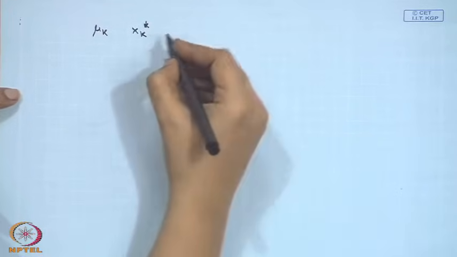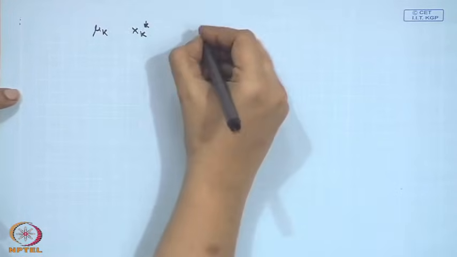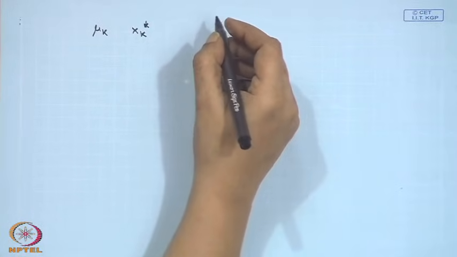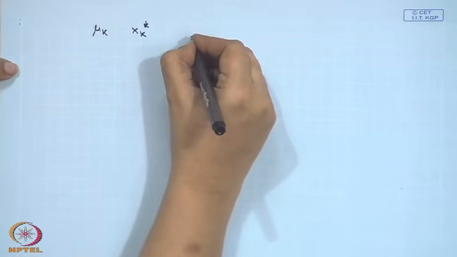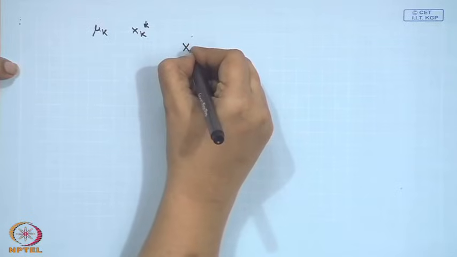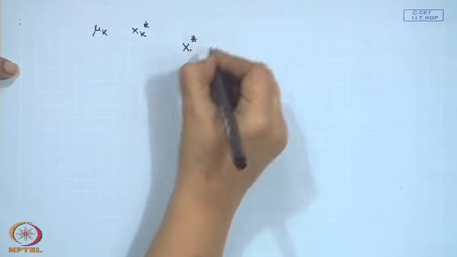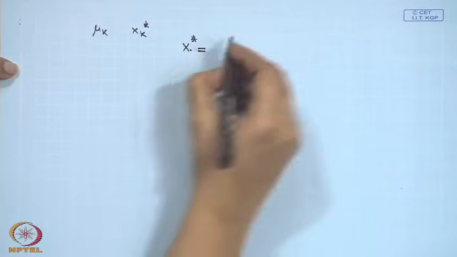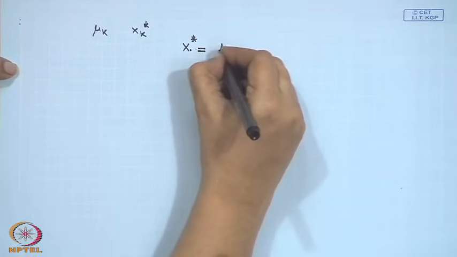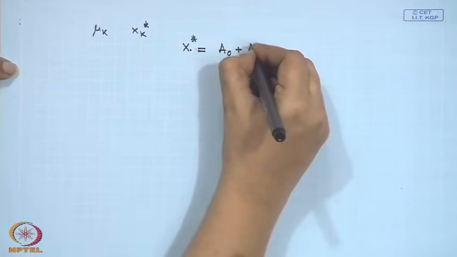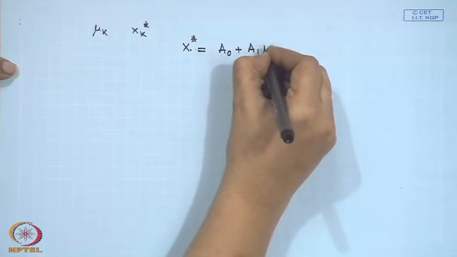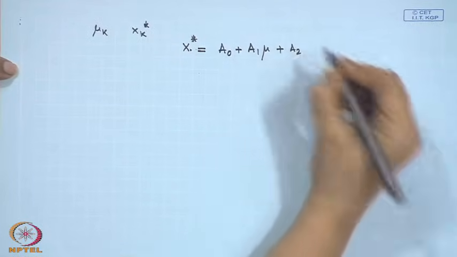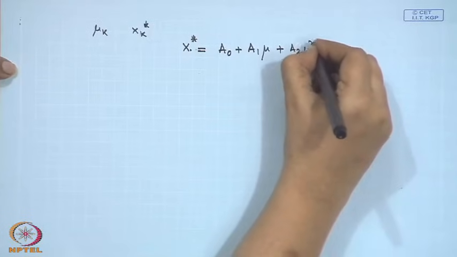Then we can formulate a function to obtain the minima of the original problem as a function of mu, of a power of our own choice, say mu square.